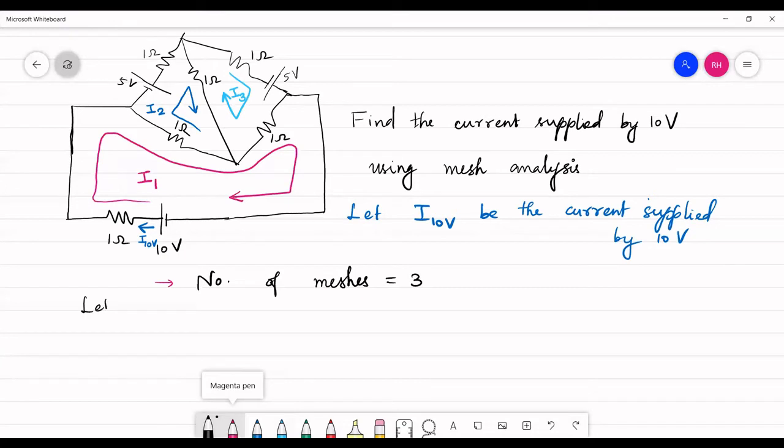So you could write let I1, I2, I3 be the mesh currents. And now I'm going to the next step where I have to assign polarity based on the direction of mesh current.